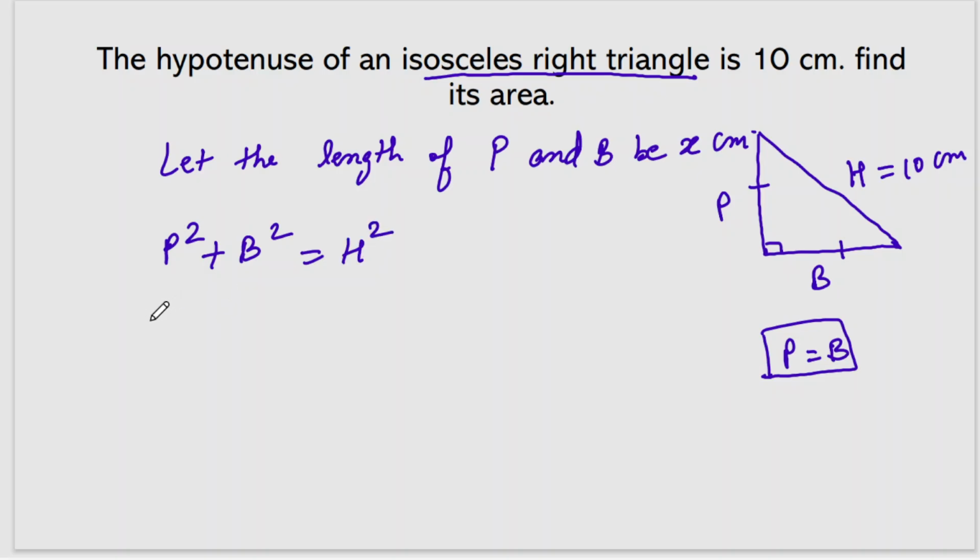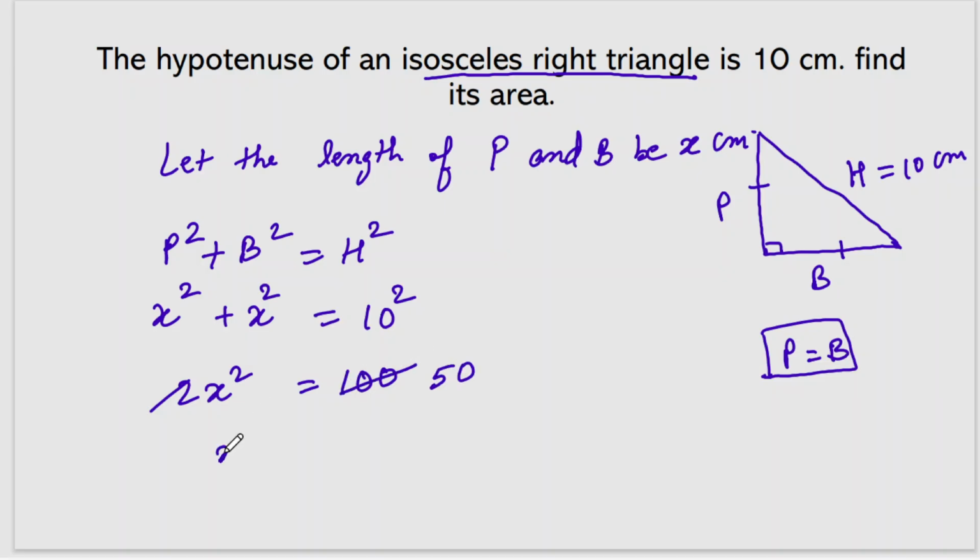Okay, what is perpendicular? So we have taken perpendicular as x, base is also x because perpendicular and base are same, and h is given as 10, so 10 square. So 2x square equal to 100. We can cancel it out, we'll get 50 here. So x square equal to 50. So x will be equal to under root 50.